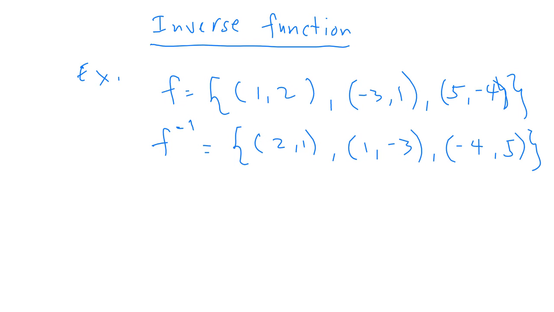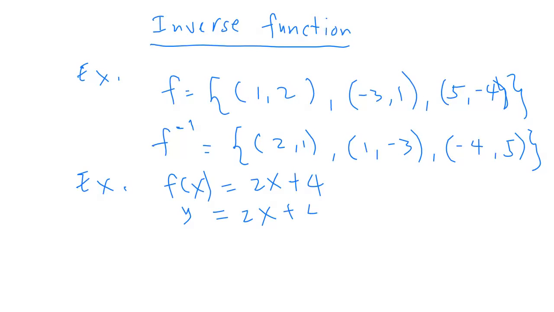If you have an equation like f of x equals 2x plus 4, finding the inverse of this one, we know that f of x is our y here, equal to 2x plus 4.